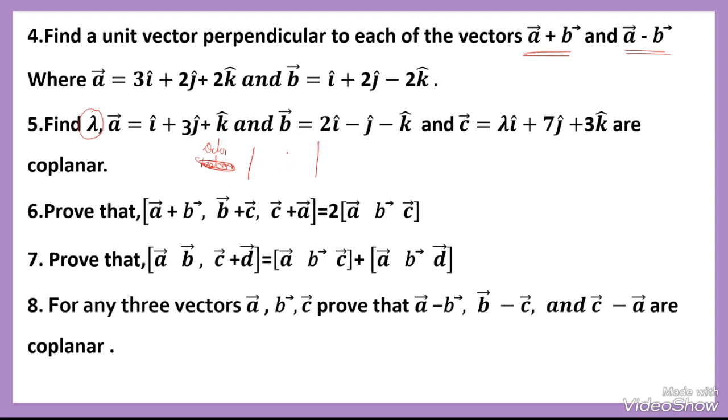Then find the determinant value. After finding the determinant value, if the value becomes 0, then all the vectors are coplanar. Coplanar means the determinant value becomes 0. If the determinant value is 0, then the vectors are coplanar.